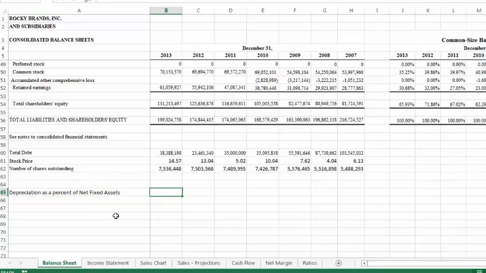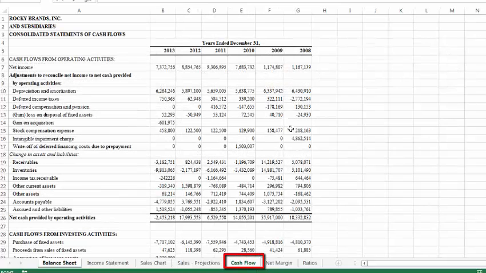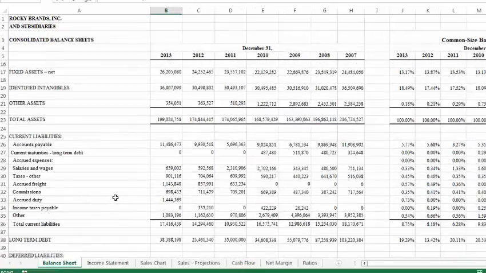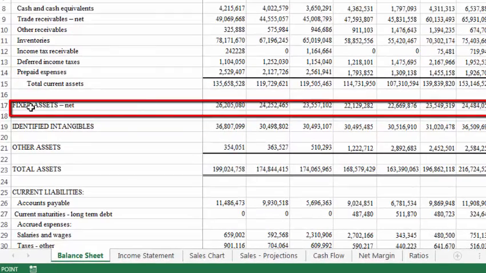I'm going to move over and say equals cash flow divided by, and because I have net fixed assets, that's what I'm going to be using, fixed assets net.